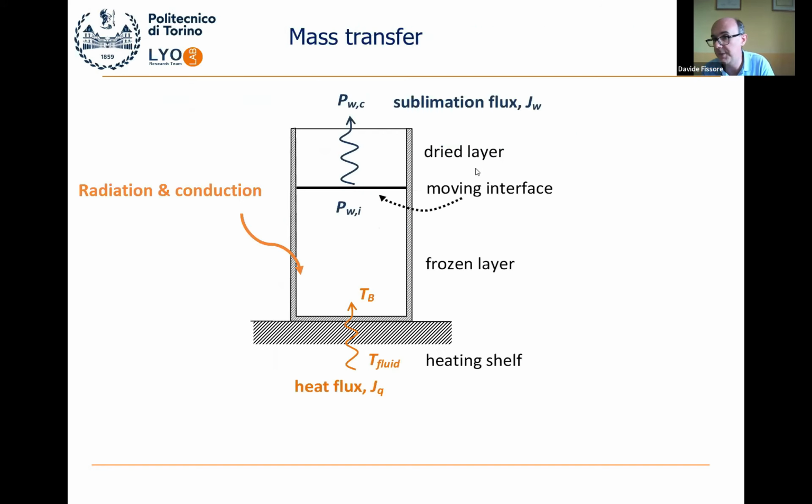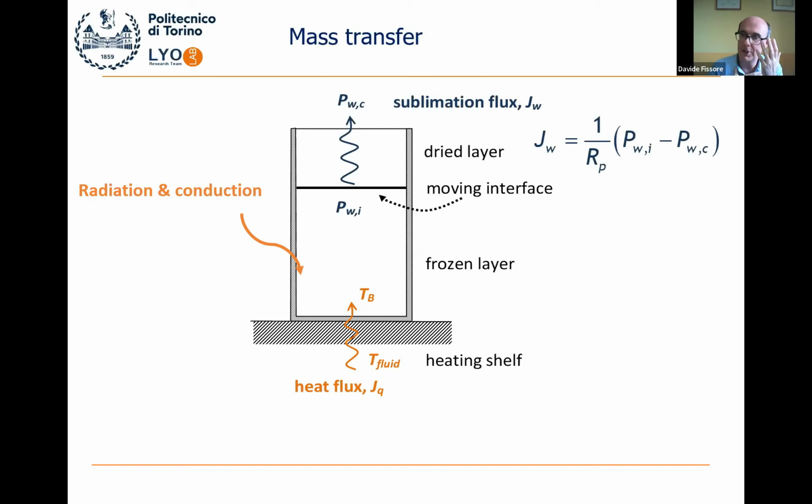What about mass transfer? With respect to mass transfer, we again have to focus on the equation that is used to describe it. The equation that you probably know is the one I'm showing to you.